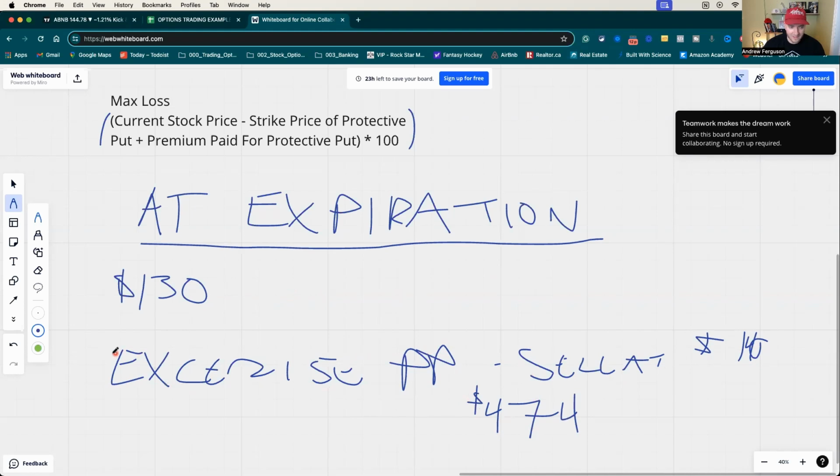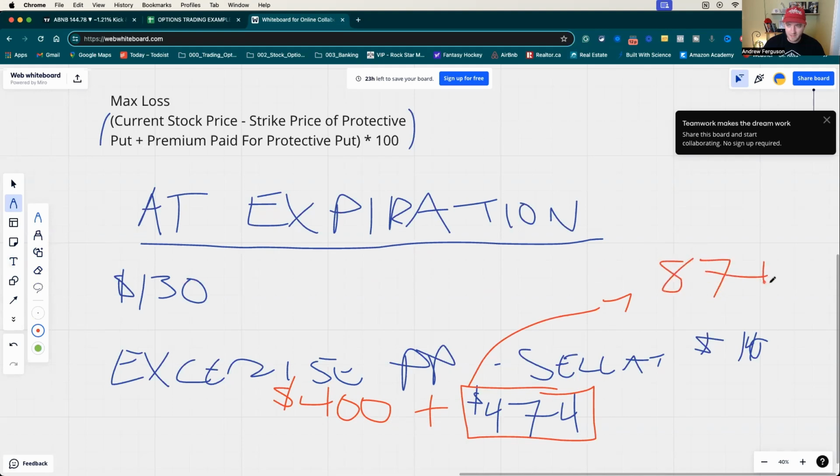Again, by exercising this protective put and selling those 100 shares, if you wanted to, you could always just let the stock go lower and let this expire. But if you exercise your protective put, you have this locked in at 478. You lose the capital for the protective put because it's the cost up front of doing business and having the insurance. So again, you end up merging these two, and your max loss is 878 versus 1432 and change.